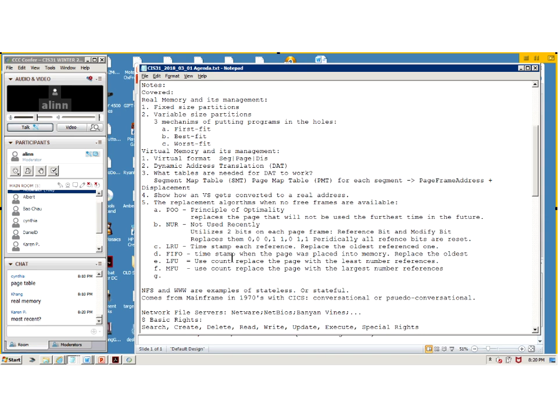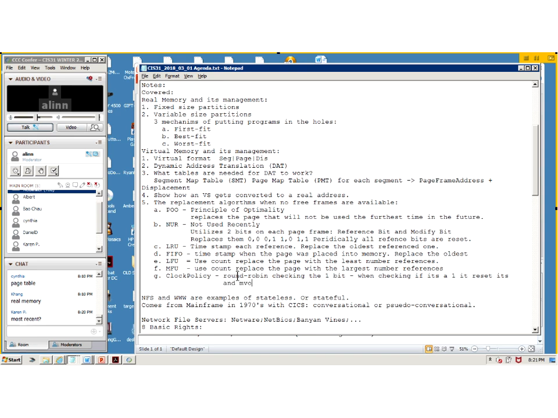No, it's not that one. It's the clock policy one. It's kind of an implementation of least recently used with clock policy, and it's a round robin idea, checking one bit. So when it checks it, if it's a 1, it resets the bit from 1 to 0 and moves the pointer to the next block.